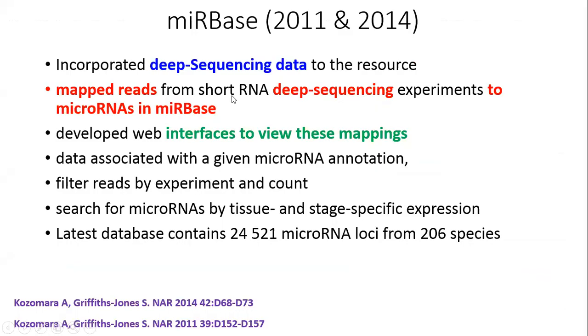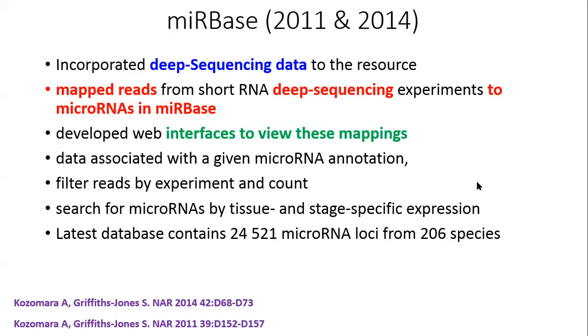Okay, so the later versions, like the versions published in 2011 and 2014, well, they incorporated deep sequencing data into the resource. Okay, so in this deep sequencing data, what they did is that they mapped the reads from short RNA deep sequencing experiments to the microRNAs in miRBase, right?